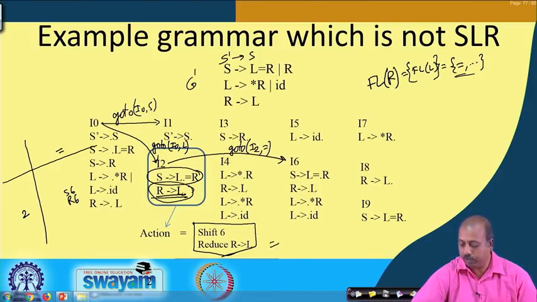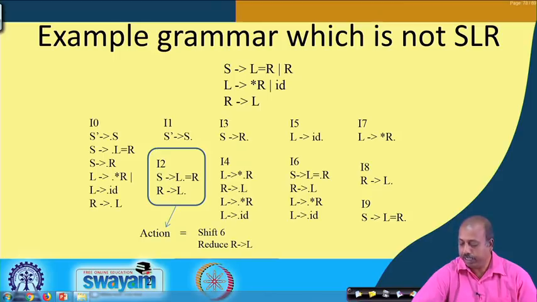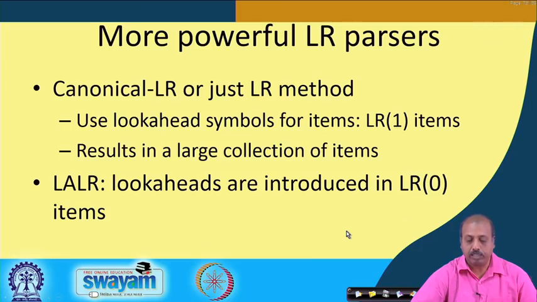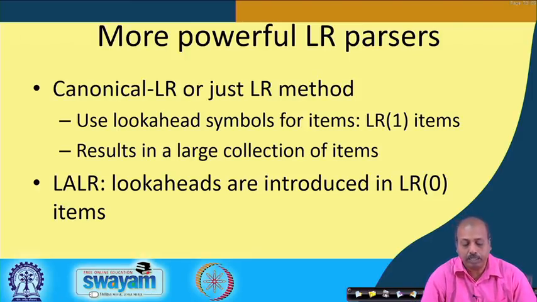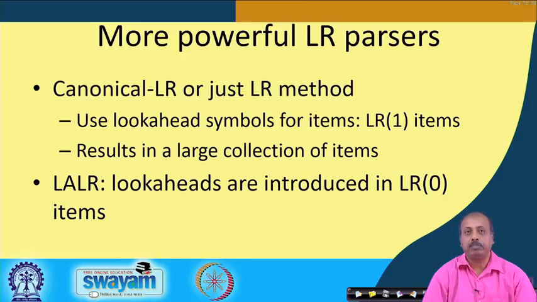The complexity of this parser is going to be much more compared to the SLR parser. It is known as canonical LR, sometimes called CLR or just LR, and the SLR parser is often called the LR0 parser.